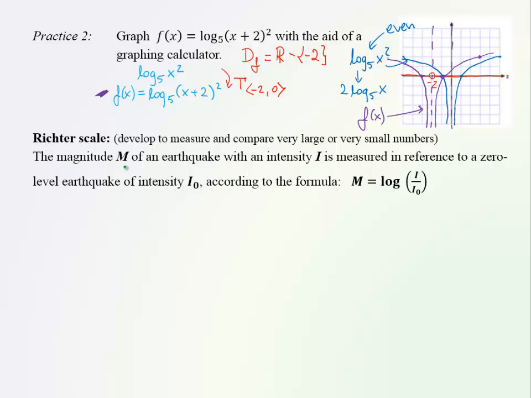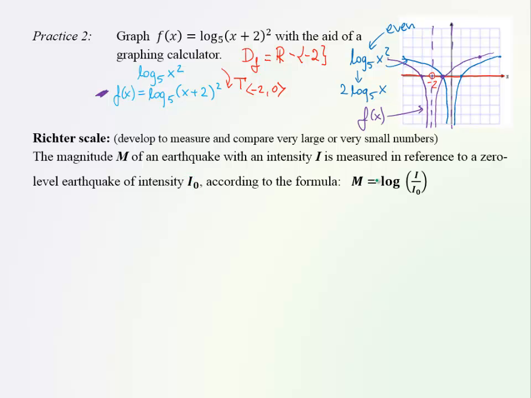The magnitude m of an earthquake with an intensity I is measured in reference to a zero-level earthquake of intensity I0. So a certain type of earthquake is assumed to be the normal zero-level type, and the magnitude of some other earthquake is measured in reference to this normal shake.